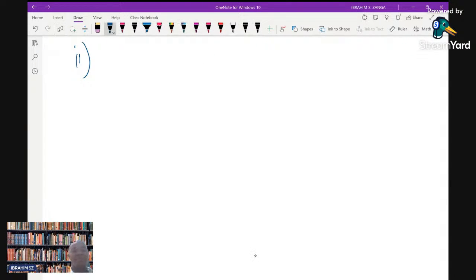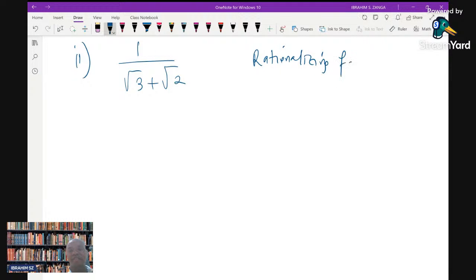The second example, you have 1 over square root of 3 plus square root of 2. What we're going to do here, I'm going to say, the rationalizing factor here will be square root of 3 minus square root of 2.